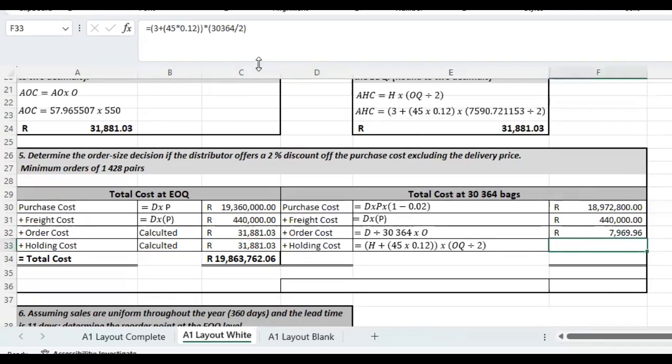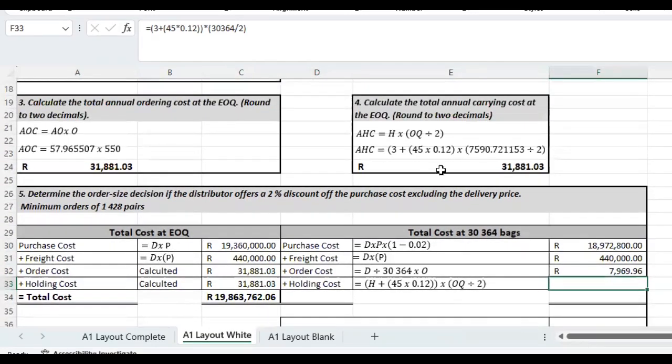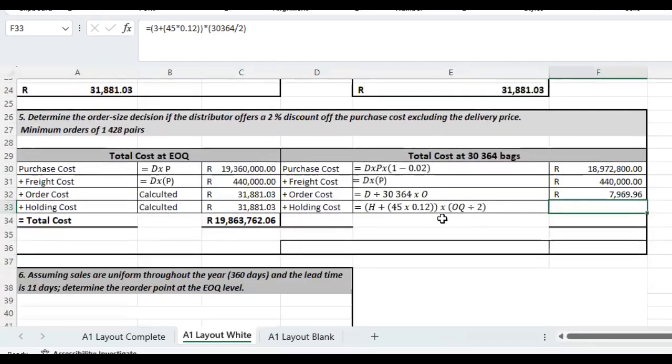Okay, so we use once again the 45 times 0.12 plus H, because remember we are financing it. So everything that we did here when we calculated the annual carrying cost at the economic order quantity, we now do it for here, the holding cost here.